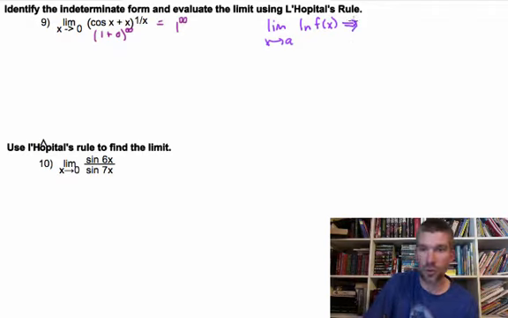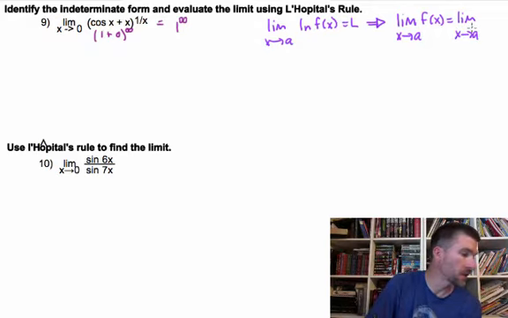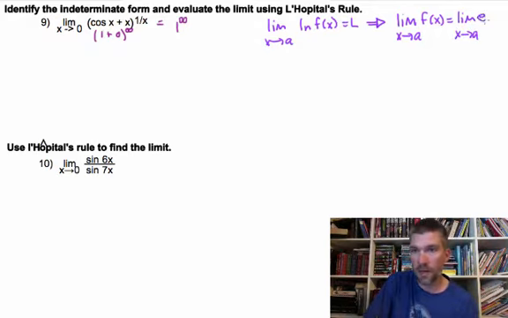If this is true and there's a limit here, let me back up just one second. Let's just assume that there is a limit here. Then what we can get from that is the limit as x approaches a of f of x is equal to the limit as x approaches a, and this is where it looks kind of weird, e to the natural log of f of x.